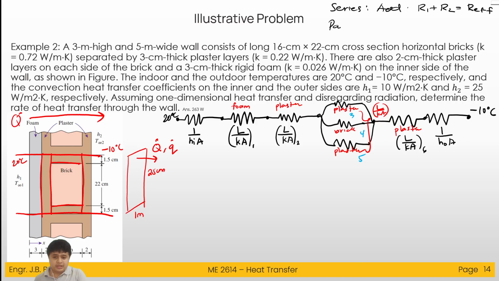But for parallel, take note of this. To solve for its effective resistance, 1 over REFF is equal to the sum of the reciprocals of the resistances: R1, and then plus R2 and so on.